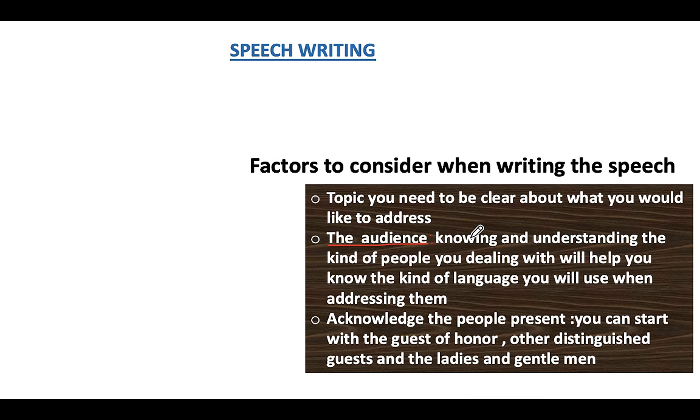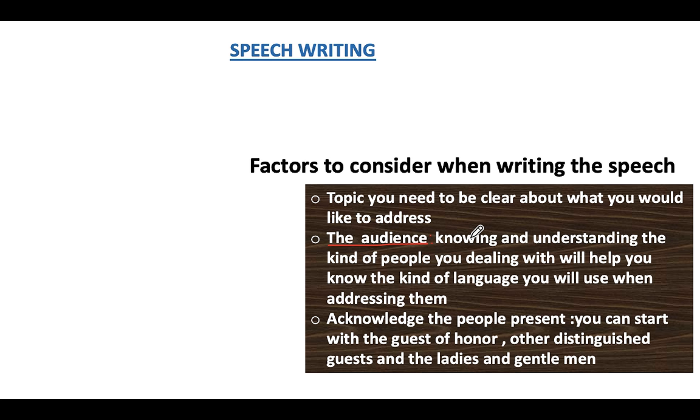And then also we acknowledge the people present. You can start with the guest of honor. It's important when you're acknowledging the people present. You start with the guest of honor who is first, and then distinguished guests and ladies and gentlemen, if they are present. But if it is a school where there are boys and girls, you can say boys and girls.